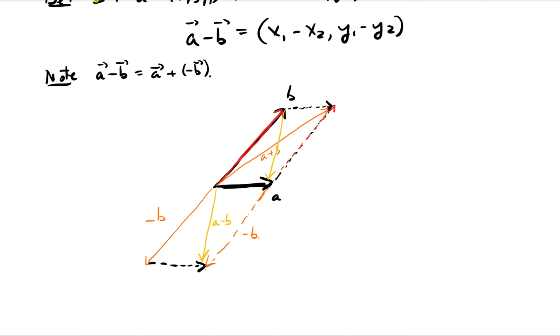So A minus B ends up being the other diagonal of this parallelogram. So A plus B is one diagonal, A minus B is the other one. And A minus B starts at the head of B and ends at the head of A. So you have here in a nutshell, geometrically, what A plus B and A minus B correspond to when we have two vectors.